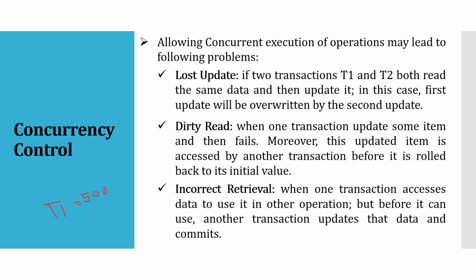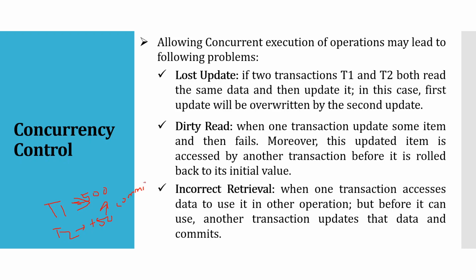So one transaction is accessing a data item. At the same time, T1 wants to access this 500, but at the same time another transaction T2 comes, adds 50 to this particular value and commits.